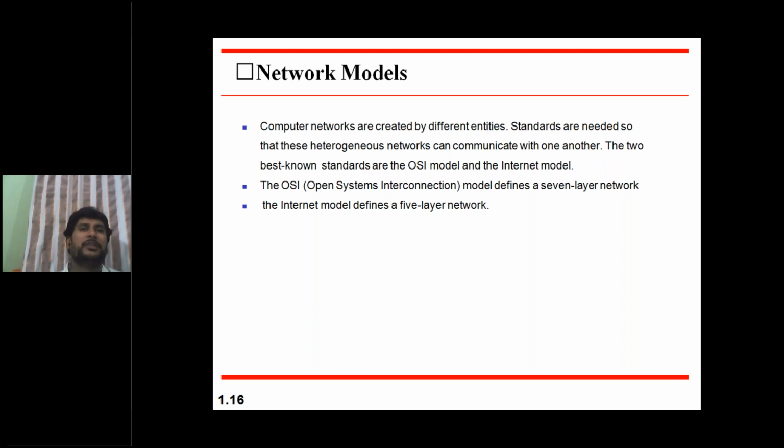The small difference between the OSI and TCP/IP models in terms of layers is that the presentation and session layers, which were separate in OSI, are combined with the application layer in the TCP/IP model, and we have only 5 layers called application, transport, network, data link, and physical layers. We'll talk more in detail in our next class, but let us try to understand this.